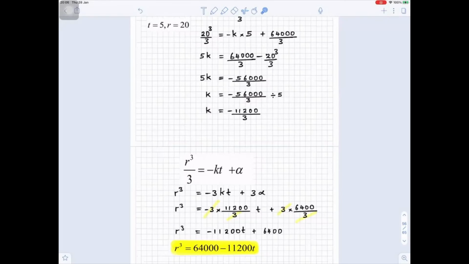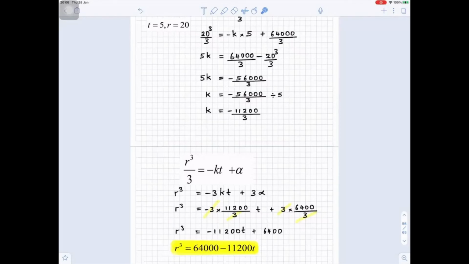Now we substitute k, which is minus 11,200 over 3, and alpha, which is 64,000 over 3. And we simplify, the 3s will cancel. So you end up with r cubed equals minus 11,200 t plus 64,000.